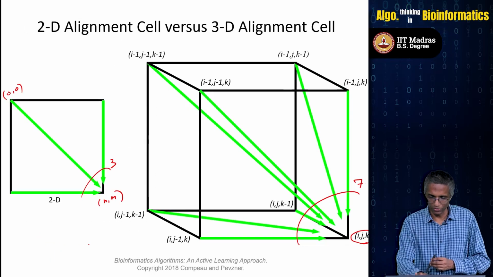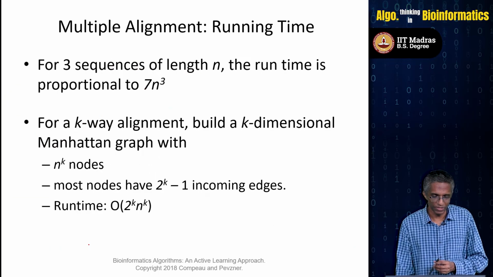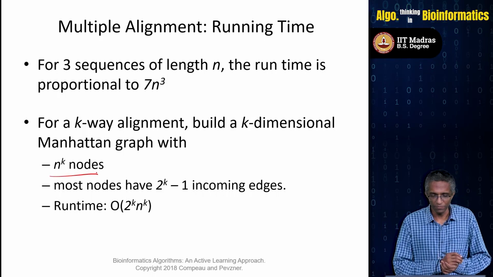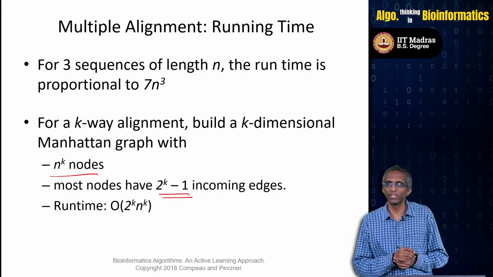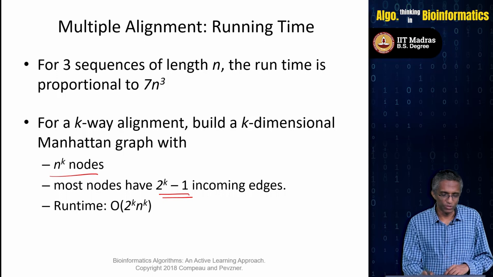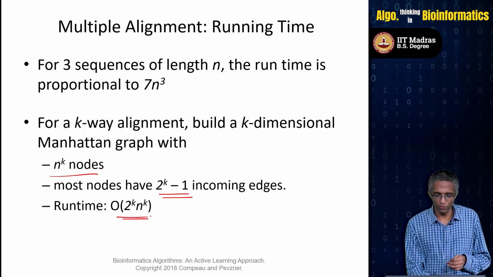In this particular cube, there are n cubed vertices. So for a k-way alignment, you will have n to the k nodes, and you will have 2 to the k minus 1 incoming edges, because each of the i, j, k, etc. can become i or i minus 1, excluding the current node i, j, k. And the runtime is going to be order of 2 to the k, n to the k.